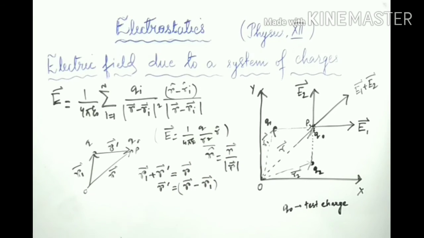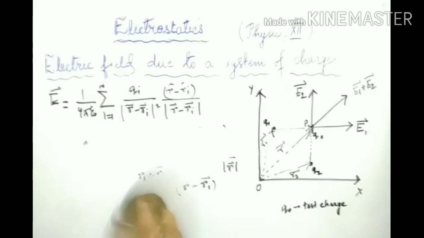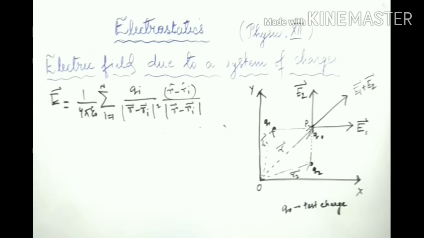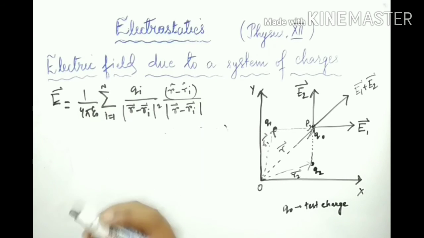If you want to break it further, how would you write it for these two charges? Suppose for two charges, we can write it in this manner. Here i goes from 1 to n, so i's value is only 1 and 2.